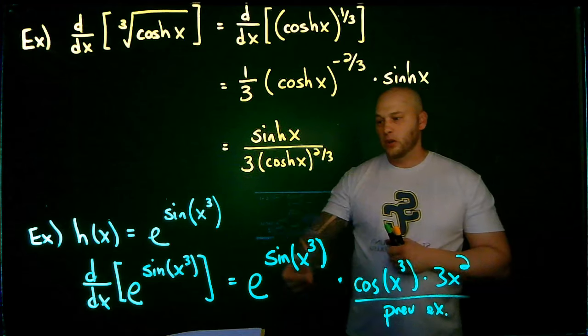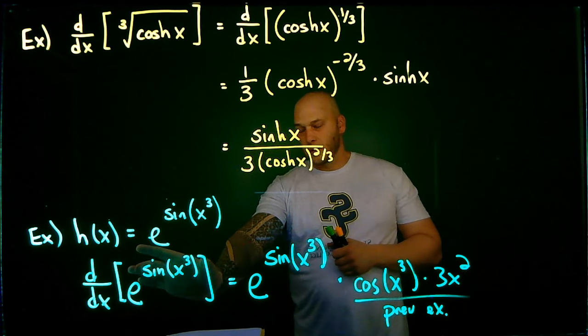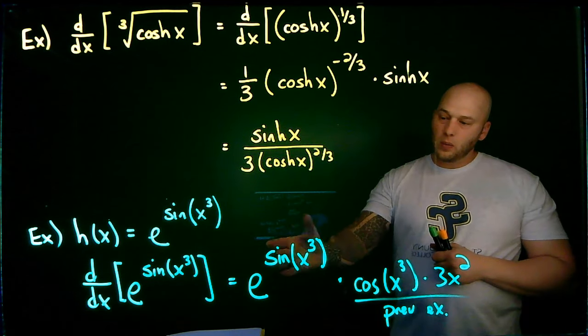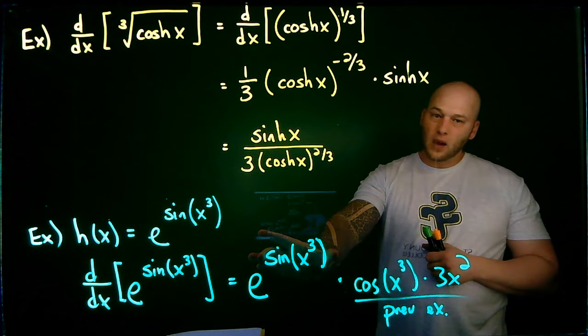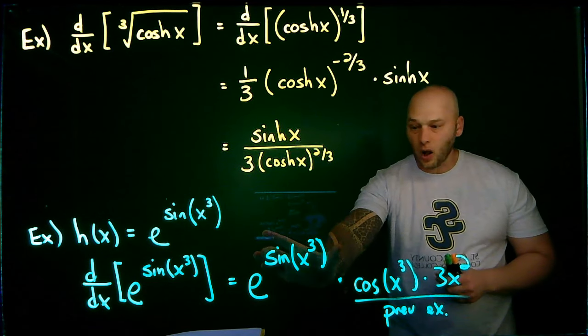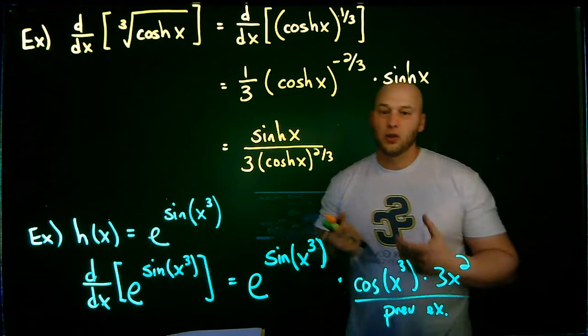Okay? We use the chain rule for this first composition, which is e to whatever's inside. That's a composition. And then when I bring out the derivative of the inside function, my quote-unquote g of x, this was also a composition, so that required a second use of the chain rule.